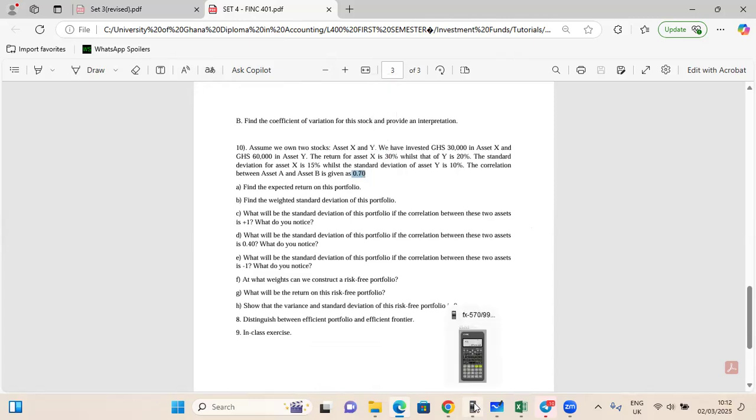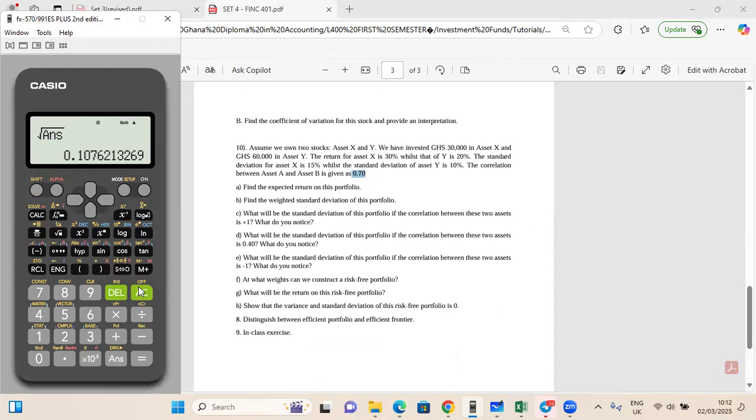Our advice is that whenever you are done, don't clear it on the calculator, so that you can just go back and change your correlation coefficient. Change it to 1, and that's all.